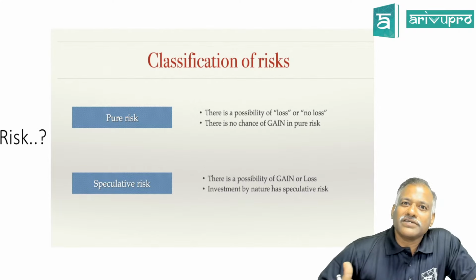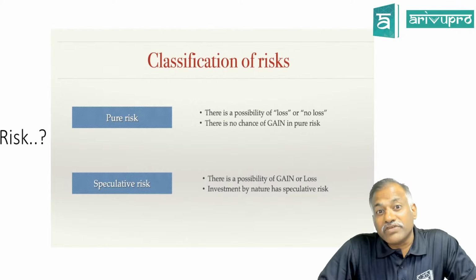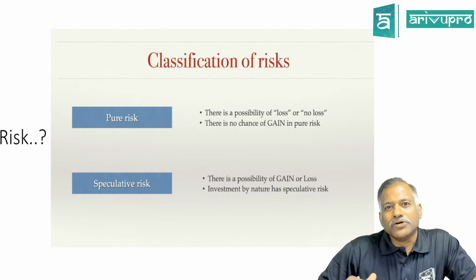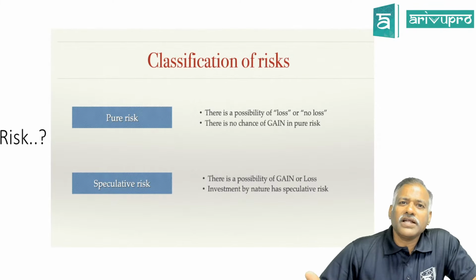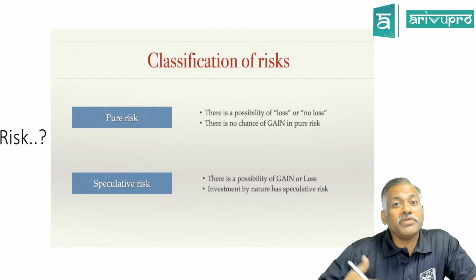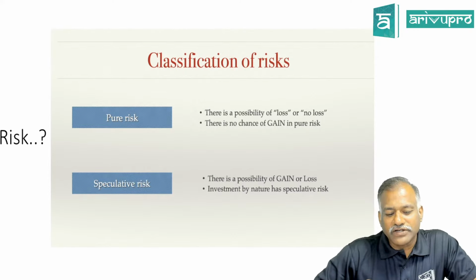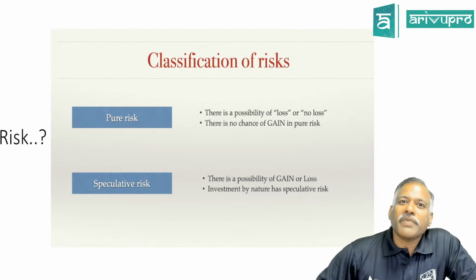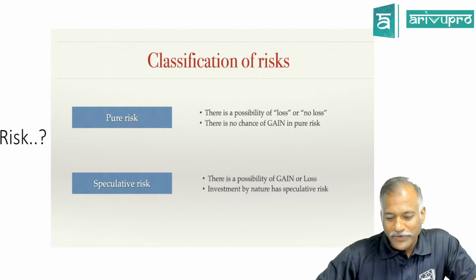When there is a risk involved in an equity investment, or when you are trading in shares or buying some kind of an asset, there is always a possibility that there can be a loss, there can be a gain also. But the kind of risk we are dealing with when we are talking about insurance or risk management here is pure risk. Pure risk is primarily a risk where there is a possibility of a loss or no loss. No gains can be taken from here, right?